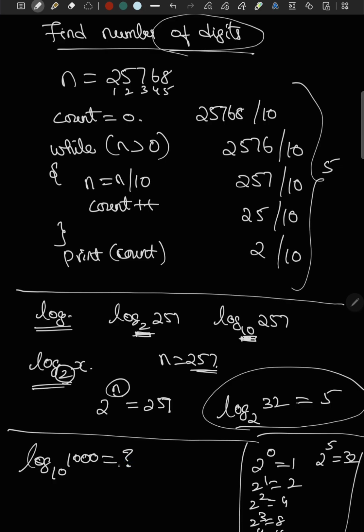The same logic. What is the logarithm? To what power must 10 be raised to become 1000? That's the thing. So 10 power 0 equal to 1, 10 power 1 equal to 10, 10 power 2 equal to 100, 10 power 3 equal to 1000. The value is 3.